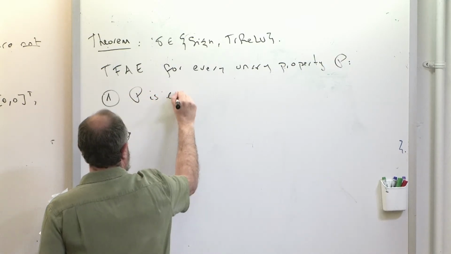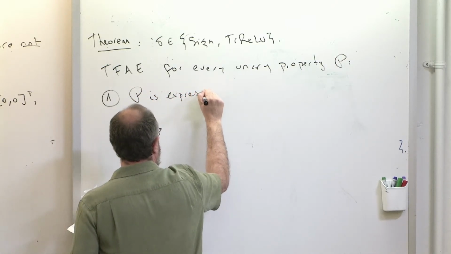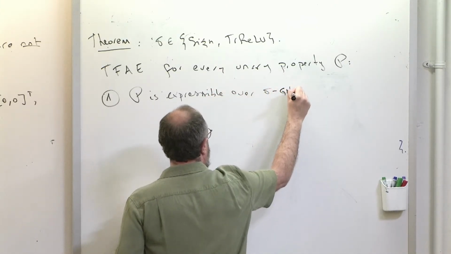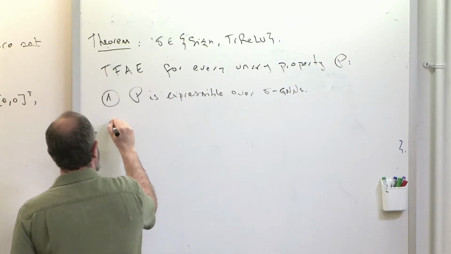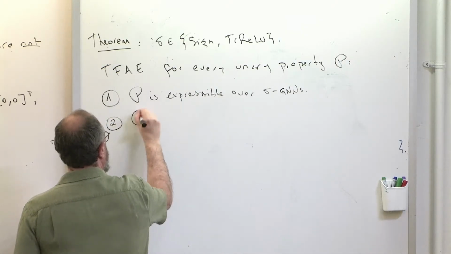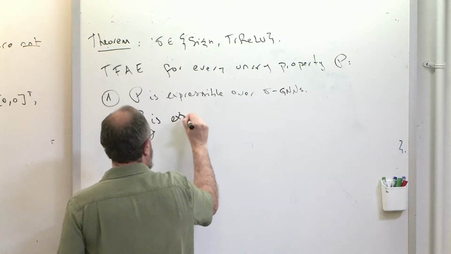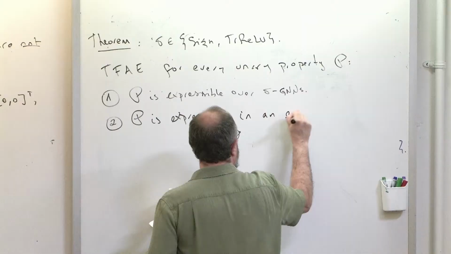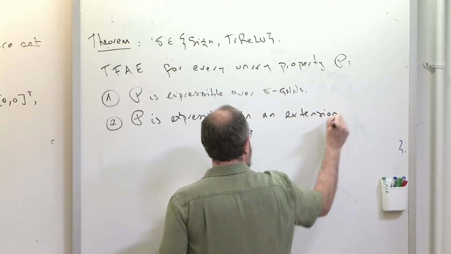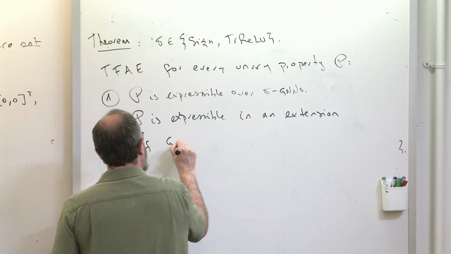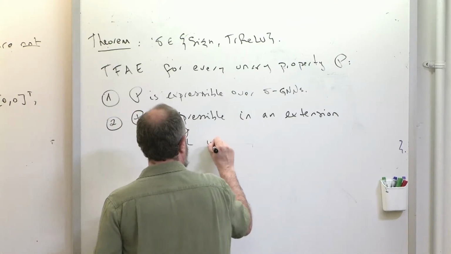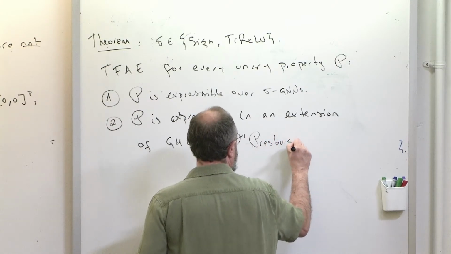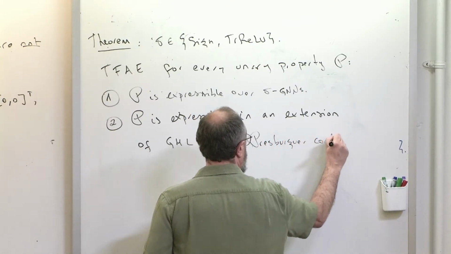P is expressible over sigma GNNs. And 2, P is expressible in an extension of graded modal logic with so-called Presburger constraints.